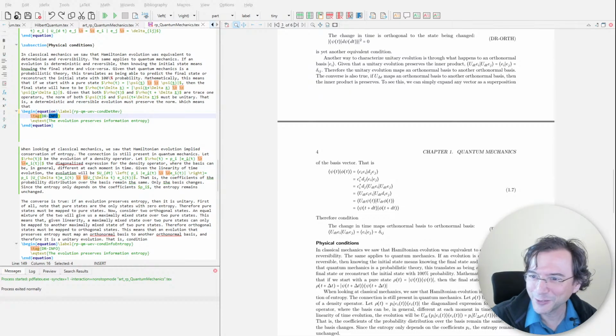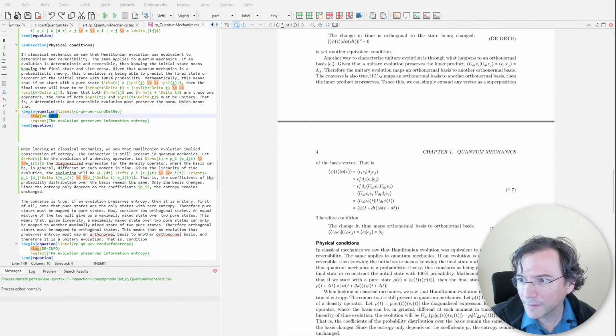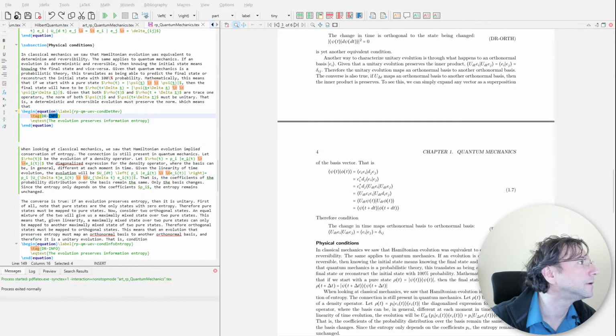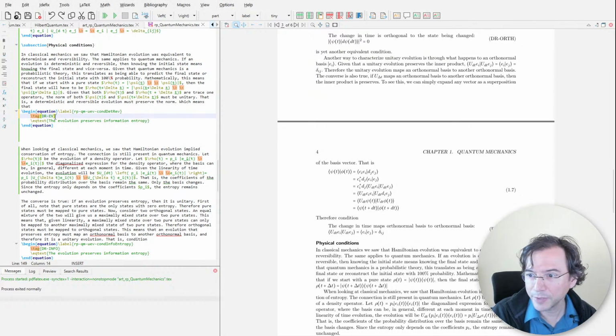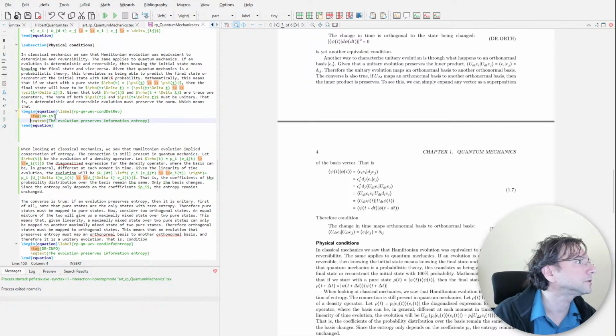So let's look at what these are called over there. Reversing Hamiltonian mechanics. It's called deterministic and reversible evolution. The evolution is deterministic and reversible.